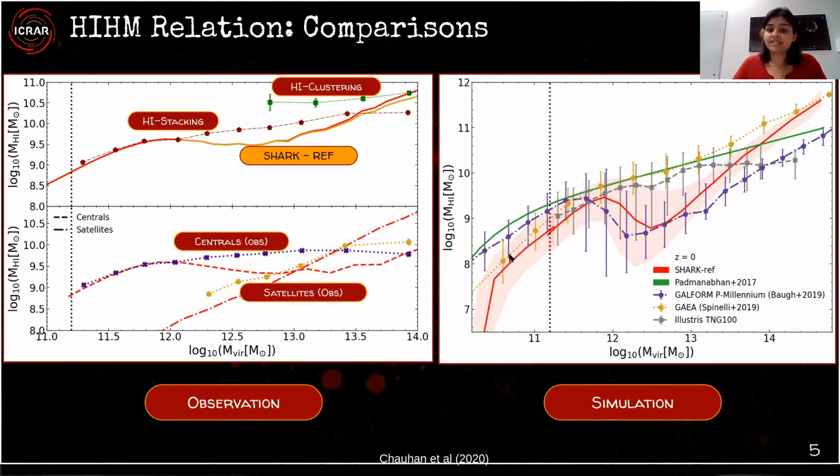And what we find is that if we just look at their pure HI-HM relation, they are very different from each other. So this makes us curious to understand or to isolate which physical processes are actually playing the major role in determining both the shape and the scatter around the HI-HM relation, so that we can understand how this could evolve with redshift.